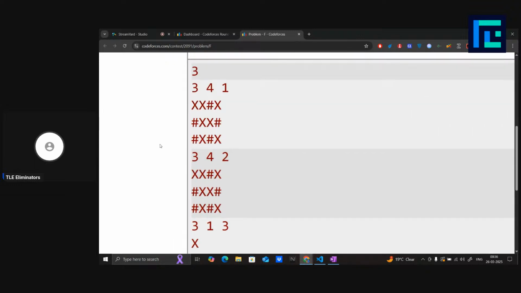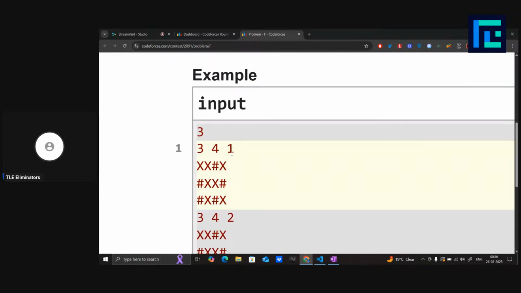So okay, in this test case, his arm span is one, so he can only jump if the distance is one. Okay. So let's say he starts at the bottom from here. From here he can go here. From here he can go here.